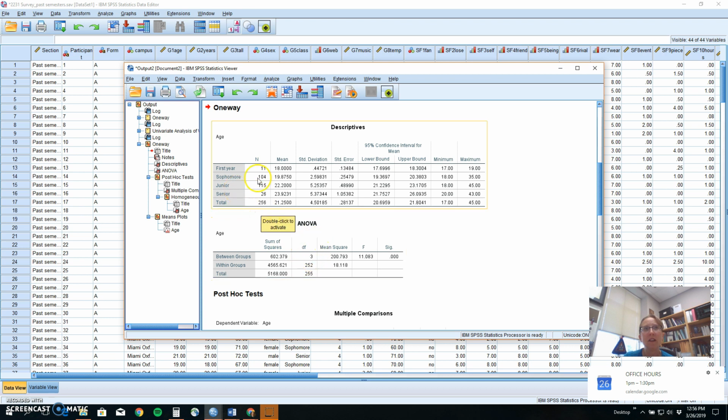So for here, we had 4 groups, first year, sophomore, junior, senior, so n minus 1 equals 3. We had, if we subtract our total sample size, 256, minus those 4 groups, we get the within groups variability, 252. Together, those will add to our total degrees of freedom, which is equal to n minus 1.